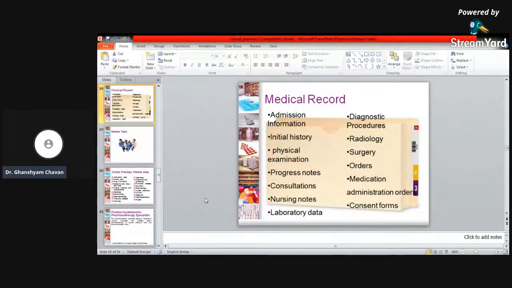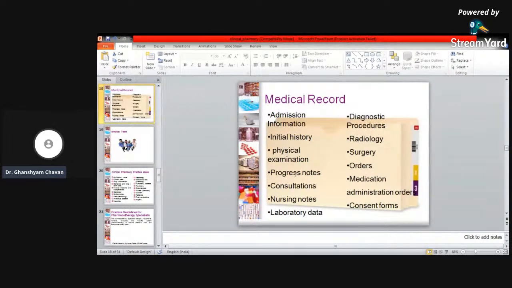If the patient has any symptoms, we get the initial history. Physical examination, by checking the patient's body temperature, his eyes or his hand, his chest by stethoscope. Any physical examination, we check temperature like that, or blood pressure. By this we get the medical information.